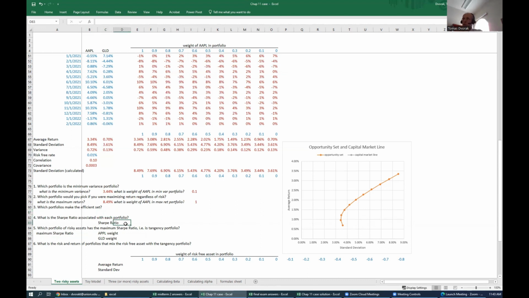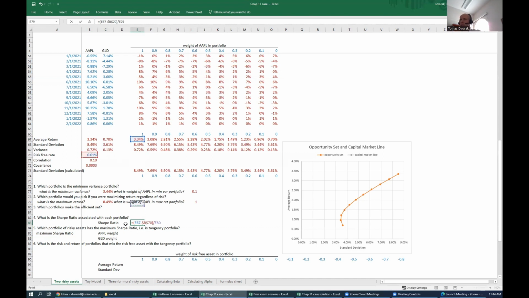Okay, Sharpe ratio. How do we calculate Sharpe ratio? We know the formula. It's the average return, which is here, minus the risk-free return, which is here. And actually, let's lock that one.